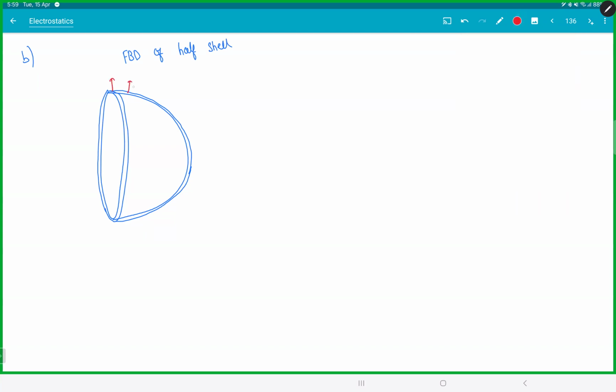So we have the pressure on the surface. And we know if the pressure is constant on a curved surface, we can directly use projected area. So this is the pressure, which is sigma square by 2 epsilon. This will give you a force, sigma square by 2 epsilon into the projected area pi r square.